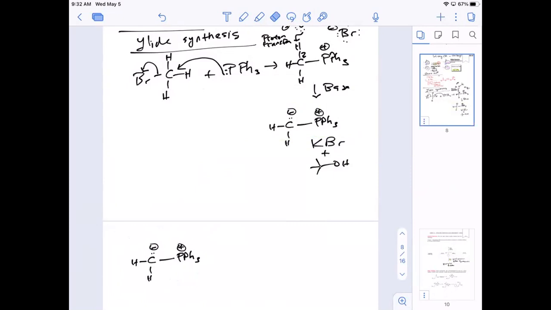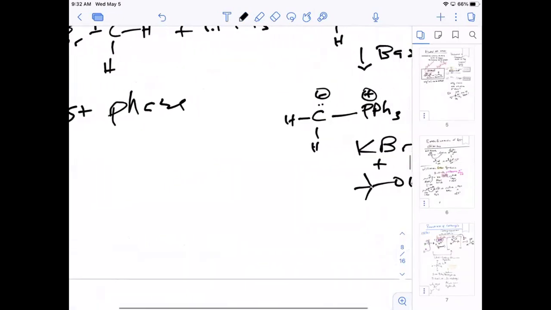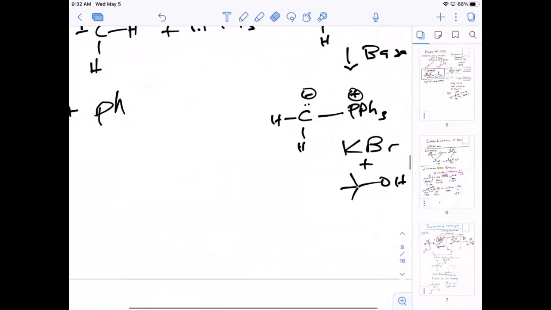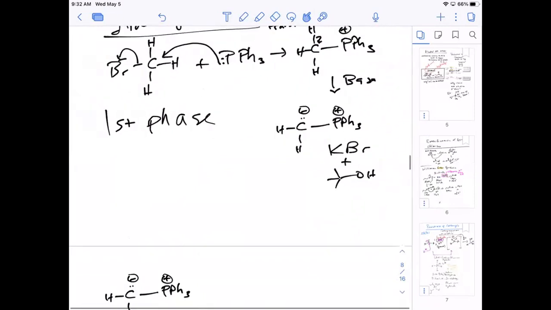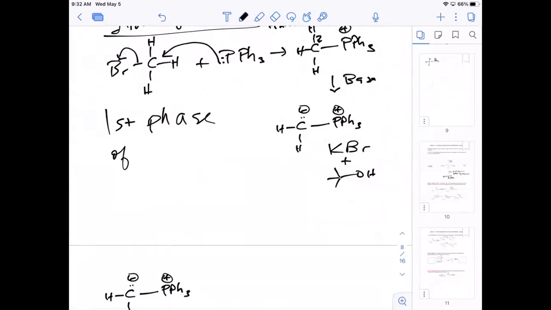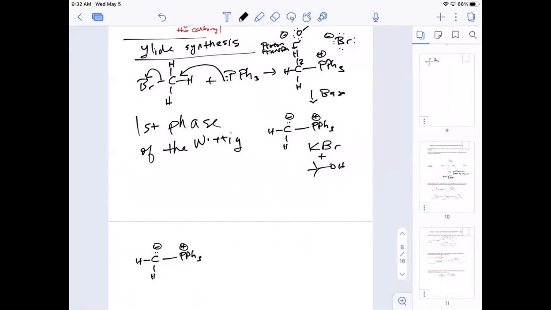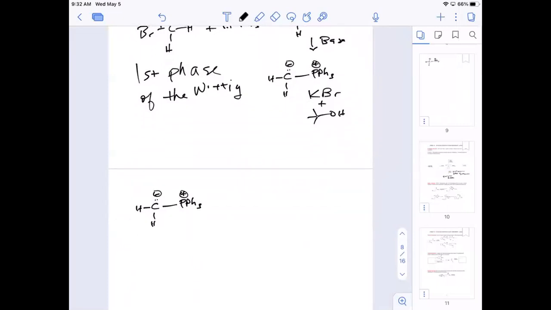And this is the second phase of the reaction. First phase is ylide synthesis. Right, that's the first phase of the reaction, to make the ylide. Second phase is to react the ylide with your carbonyl, whatever it may be.